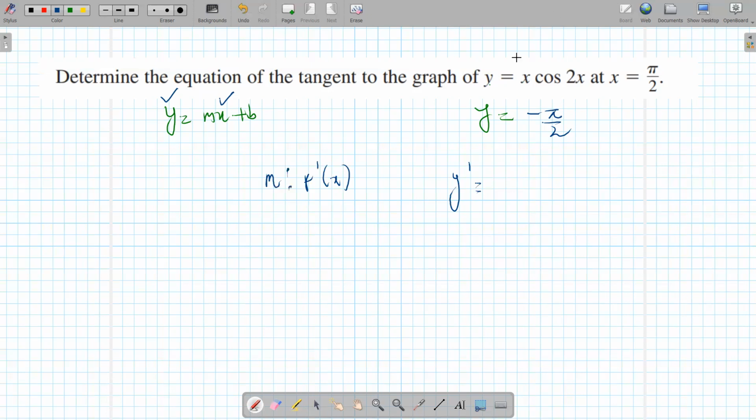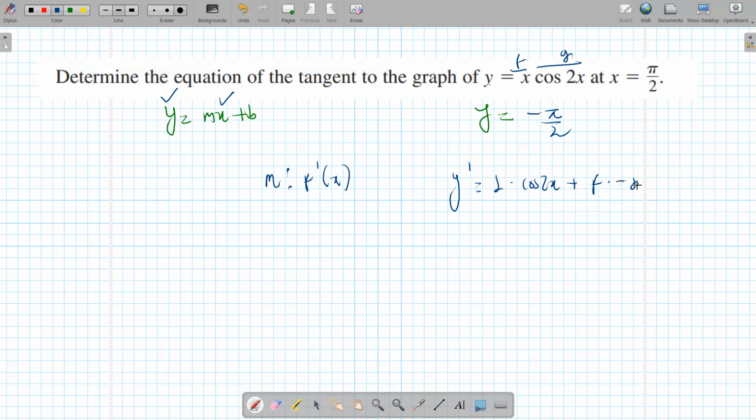So f is x, g is cos 2x. What's f prime? 1. g as it is, plus f as it is. What's g prime? Negative sine.